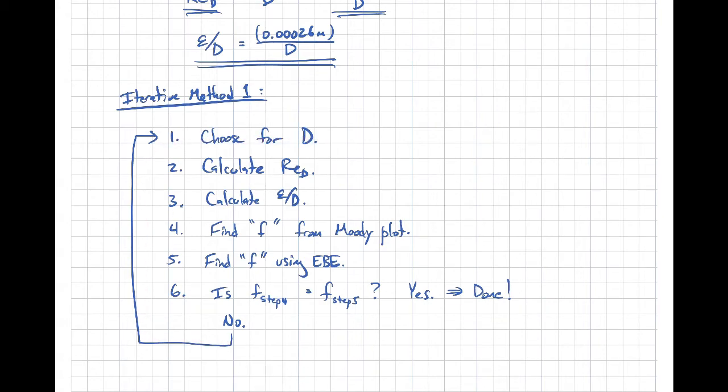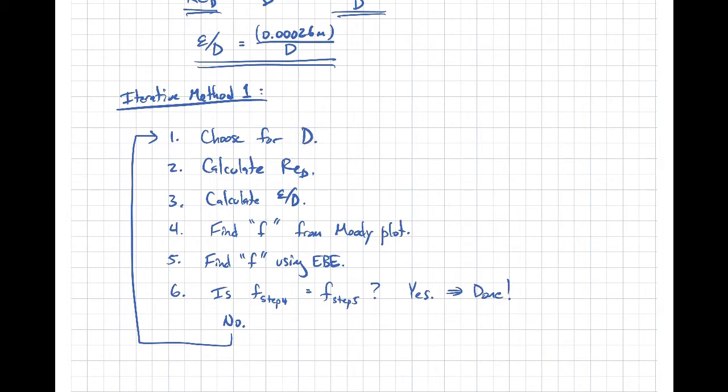So you can still implement the scheme, and I did, using a spreadsheet, and you can sort of see visually whether choosing a bigger or smaller diameter gets you closer or further from making those two friction factors equal. So you kind of just have to eyeball it here. There's nothing in the algorithm that tells you what direction to head in for the diameter.